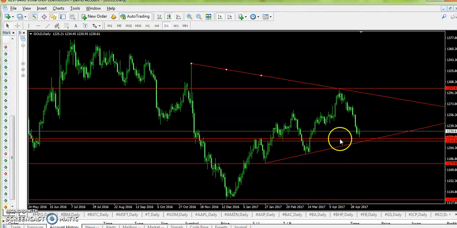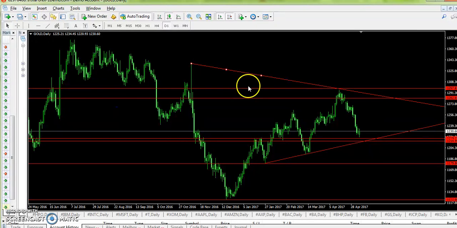This is the first scenario. The second thing is, as you can see, mostly people are very curious to find support and resistance, bottom and top. So the second scenario may be if the market touches about this point at 1282 or thereabouts.